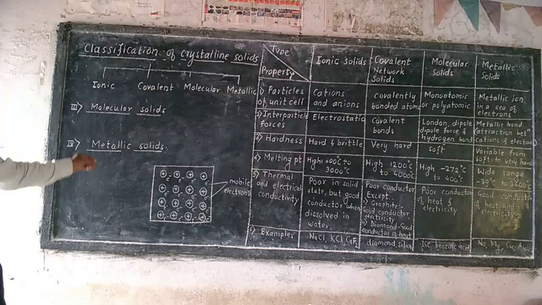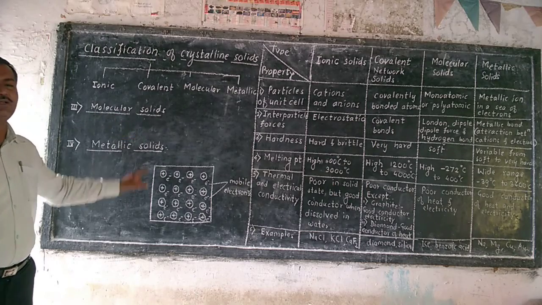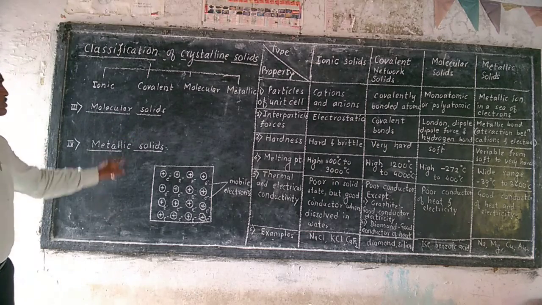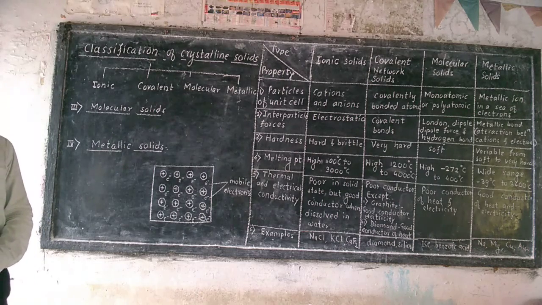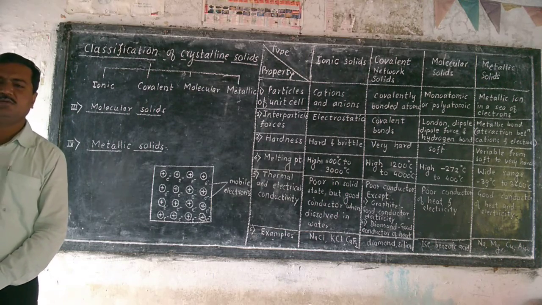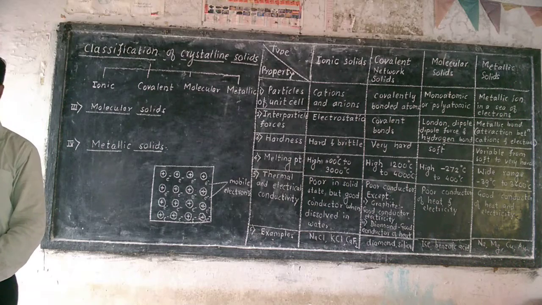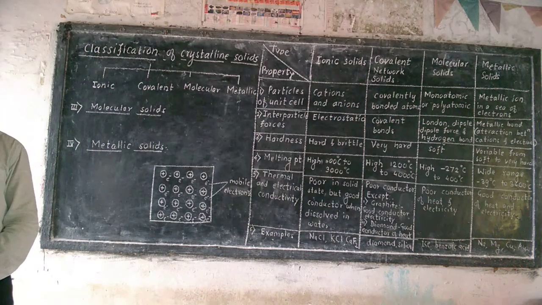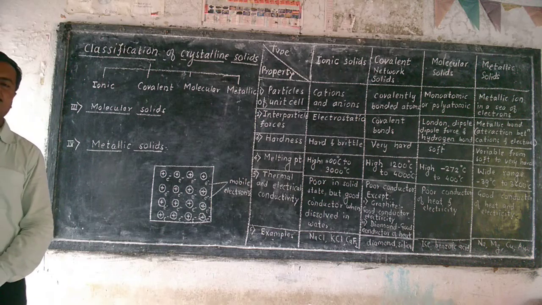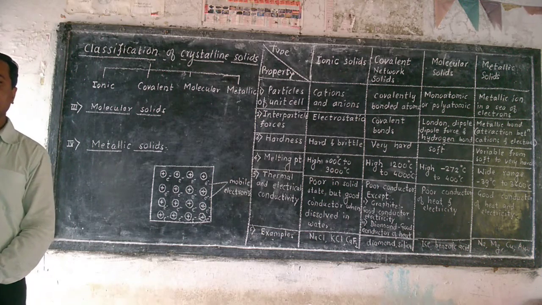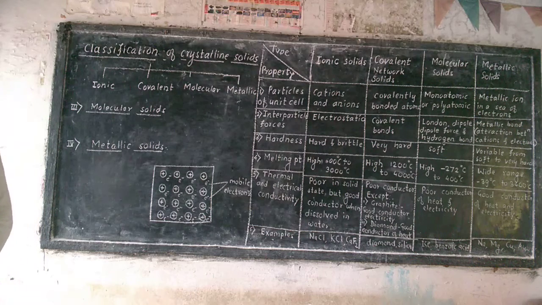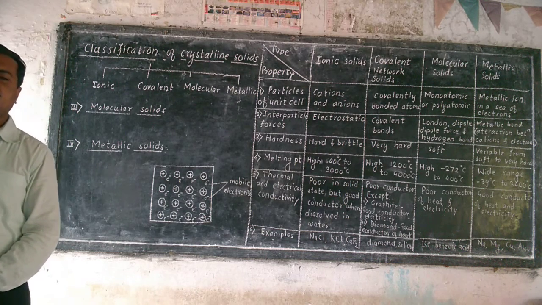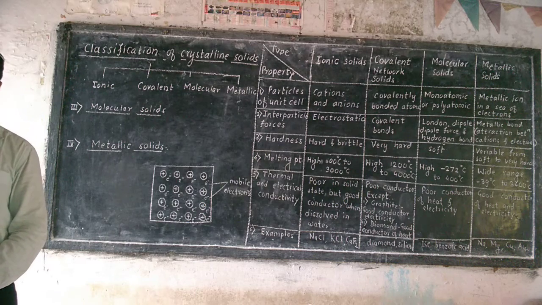We will revise again. Molecular solids are the solids in which constituent particles are molecules. They contain different types of forces: weak dispersion forces or London forces or hydrogen bonds. Characteristics: constituent particles are molecules. Then three types of forces: weak dipole-dipole interaction in polar molecules like water, hydrogen chloride, sulfur dioxide.